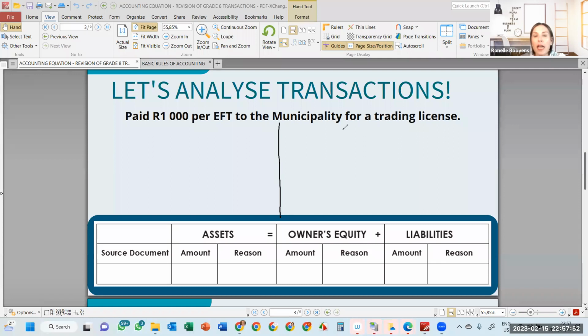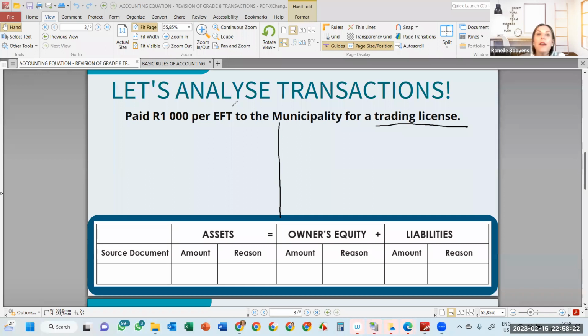What is the first step? We need to determine which two accounts in the business's books are affected by this specific transaction. If you go through that list of yours, you will probably see the words trading license. So that's the one account that's affected. The other one you don't see straight away. You don't see the name of the account straight away.